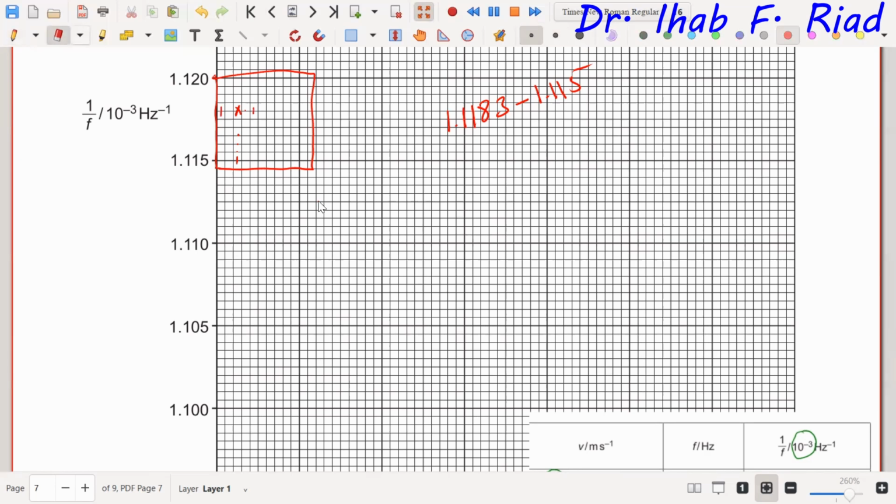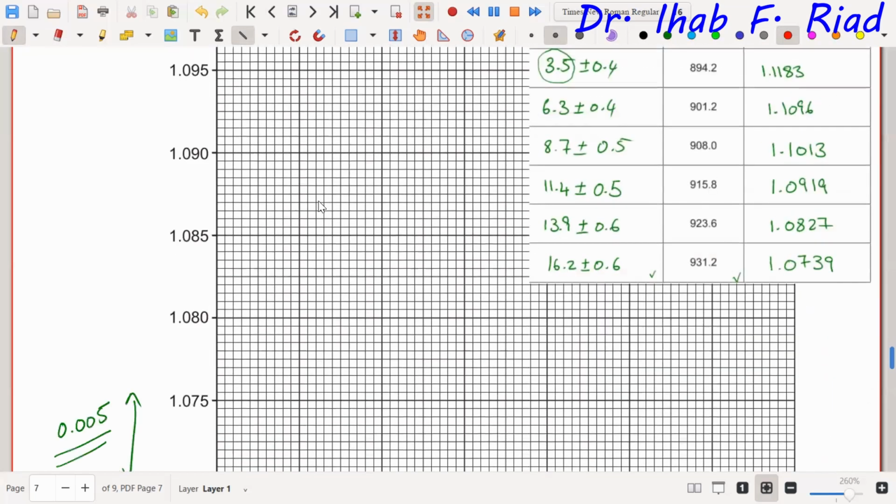Is it right? Yes. What else do we need to do? Draw a straight line that passes through the X. Okay, good.